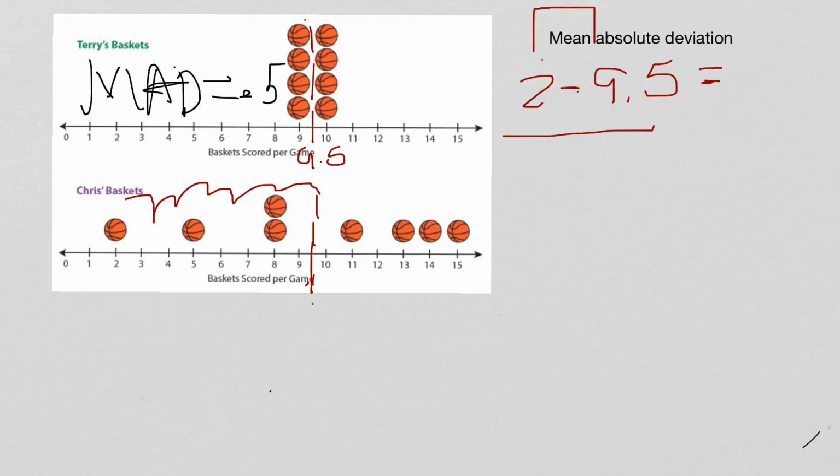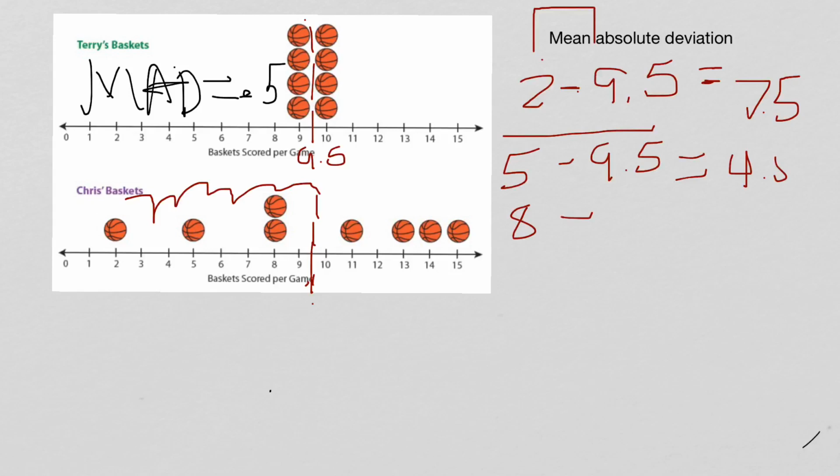So 2 minus 9.5 would give us 7.5. We have 5 minus 9.5, and that's going to give us 4.5. We're going to keep going. 8 minus 9.5, that'll give us 1.5. We have 2 of those.